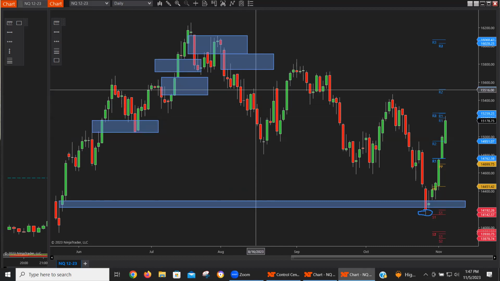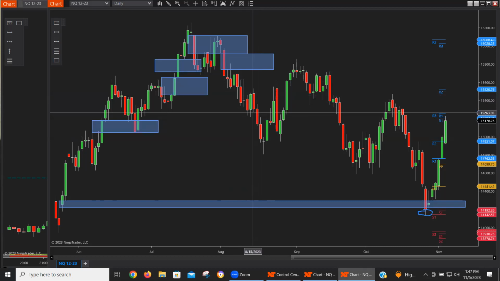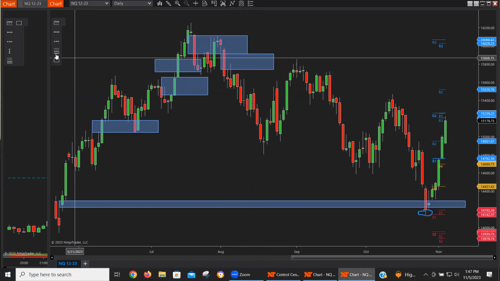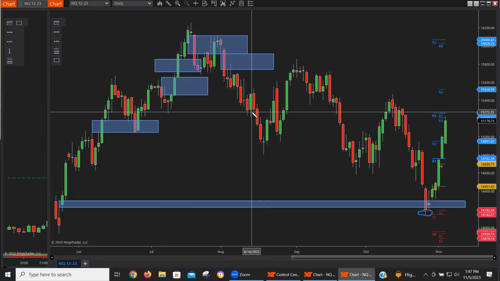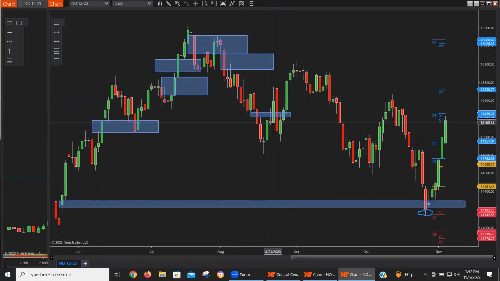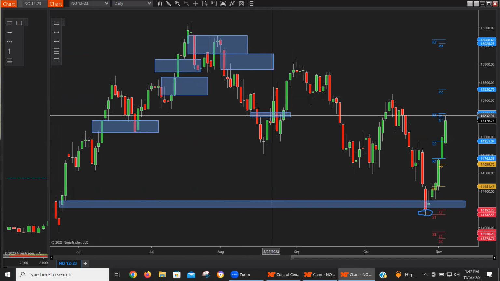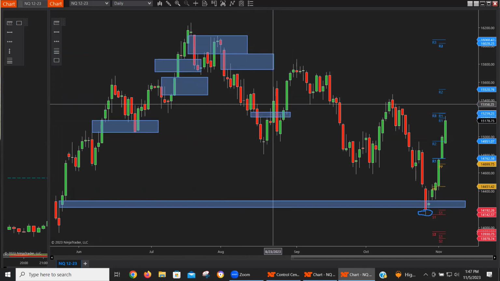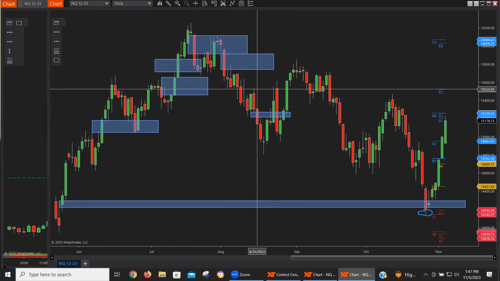Now, this happened to be a small little swing. What did it do? Once again, created another imbalance after breaking a swing. Right here. Market came back into it, closed inside, came back down a little bit. That's okay. In a day's trading, this was money made to go back up to take liquidity.